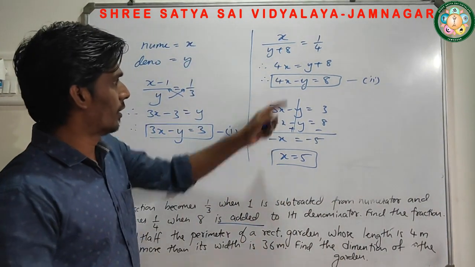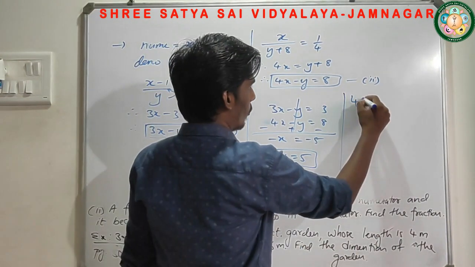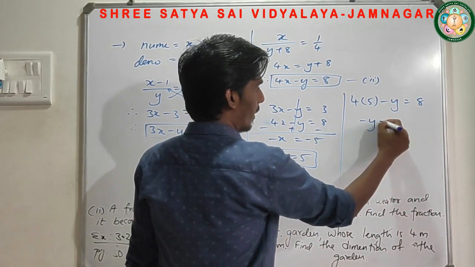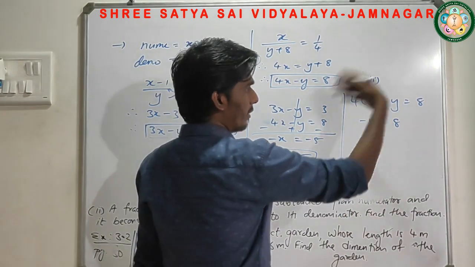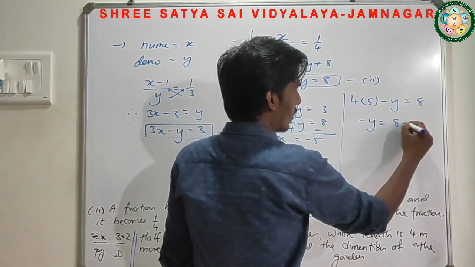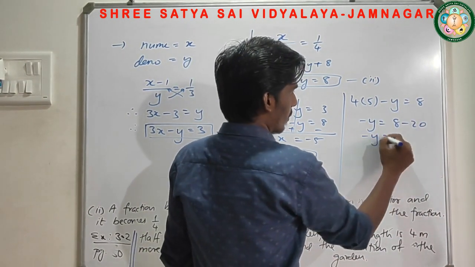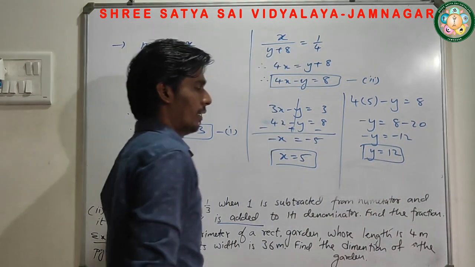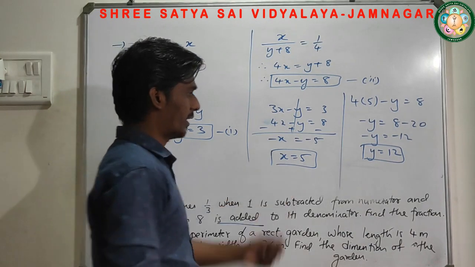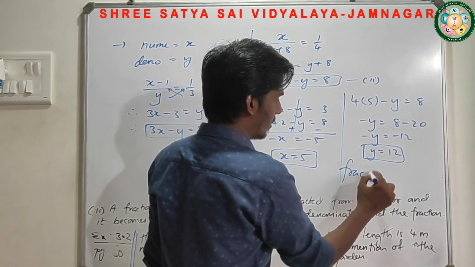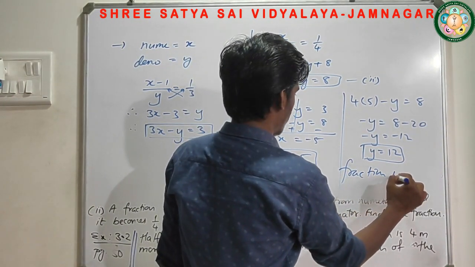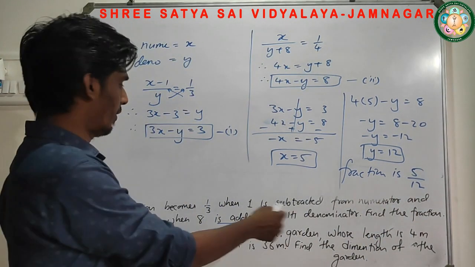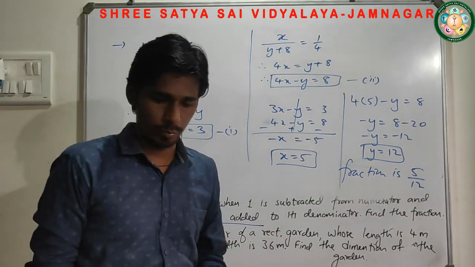Now replace this value here: 4 into 5 minus y equals 8. Minus y is 8, and 20 will move over. 4 fives are 20, so minus y equals minus 20 plus 8, which is minus 12. y equals 12. Now what is the required fraction? x is the numerator, so the required fraction is 5 by 12. So this is the way we can solve question number 2.